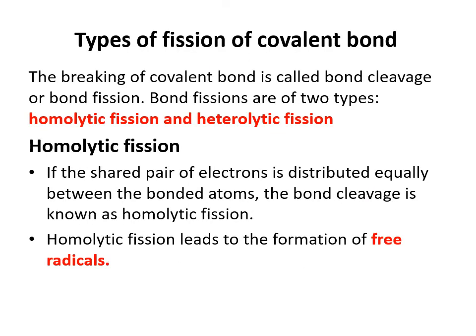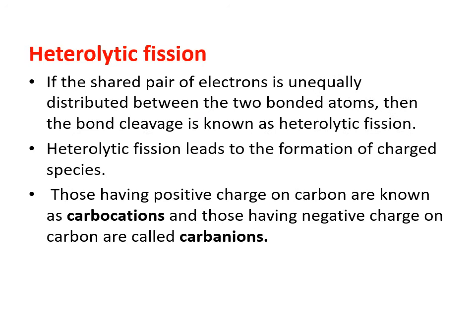And the types of fission of covalent bond, there are two types of bond fission. One is homolytic fission and the other one is heterolytic fission. Homolytic fission usually leads to the formation of free radicals, and heterolytic fission leads to the formation of charged intermediates. If the shared pair of electrons is equally distributed among the bonded atoms, that is known as homolytic fission.